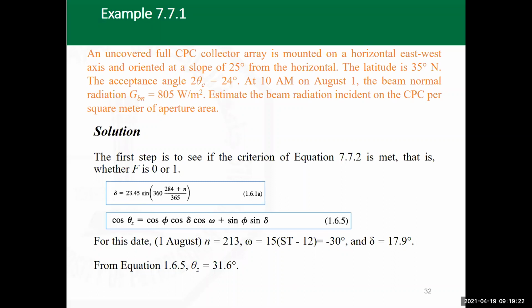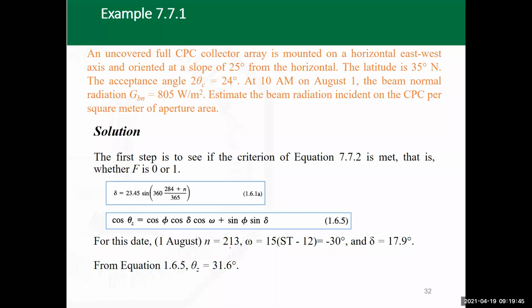What is n? It is the number of the day in the year, starting from 1 on the 1st of January and ending with 365 on the 31st of December, except for a leap year, when it becomes 366.